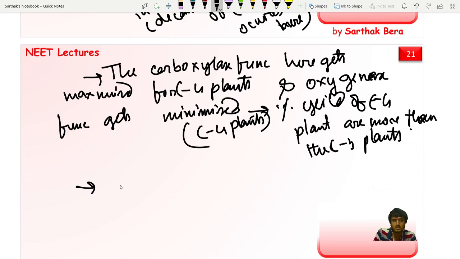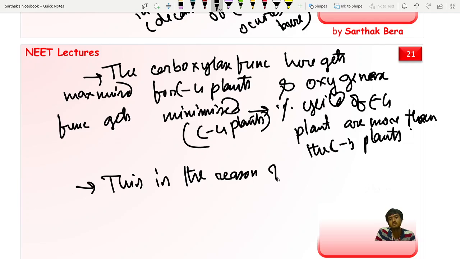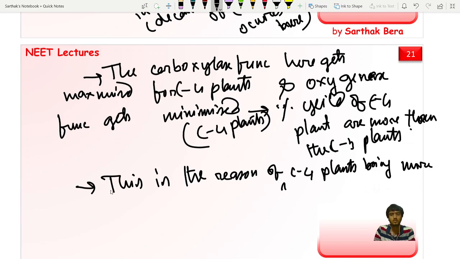So this is the reason for C4 plants being more photosynthetically active.